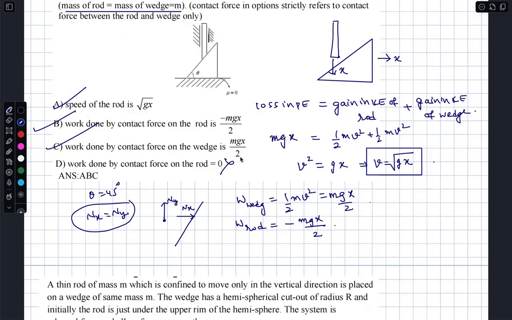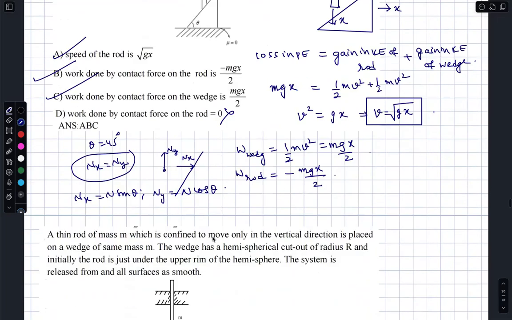When I have accepted C, or when I have accepted B, how come D correct? Here, this rule is applicable only when theta is equal to 45. Otherwise, nx becomes n sine theta, ny becomes n cos theta. Since it is 45 degrees, I have taken that nx is same as ny. A very, very good question actually.